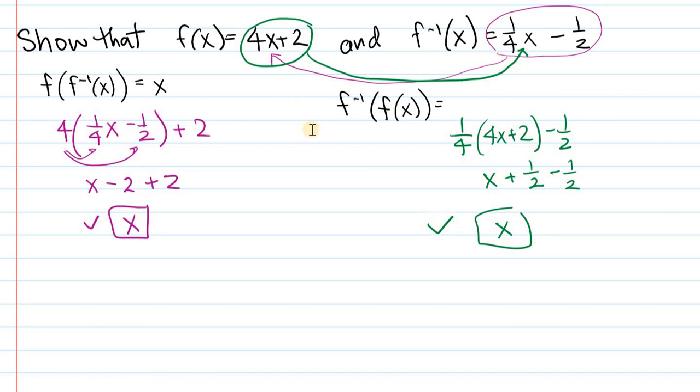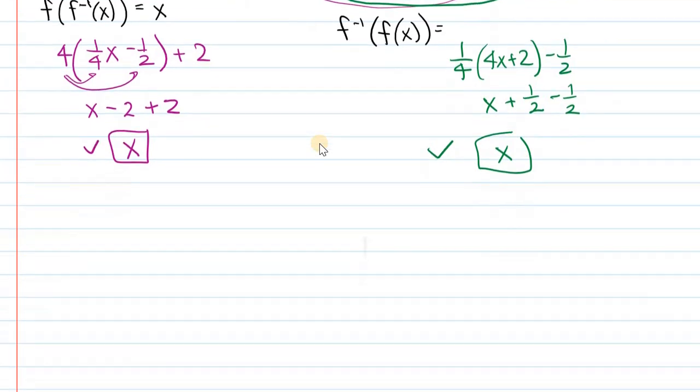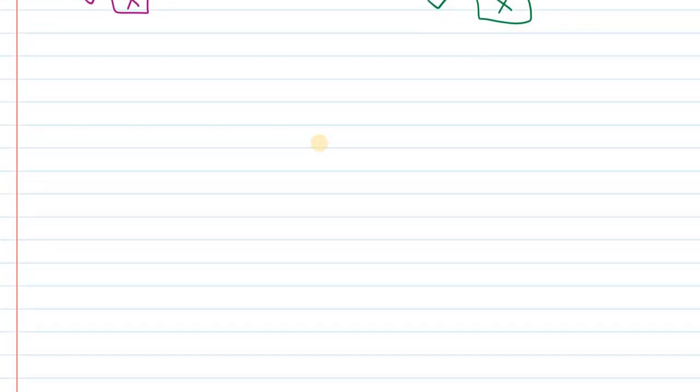One final thing you have to know about inverses is that not all functions actually have inverses on the whole domain. Think for a second back to a quadratic. If we have this quadratic, its domain is all real numbers because for any x that we plug in, we will get a y value out of it.